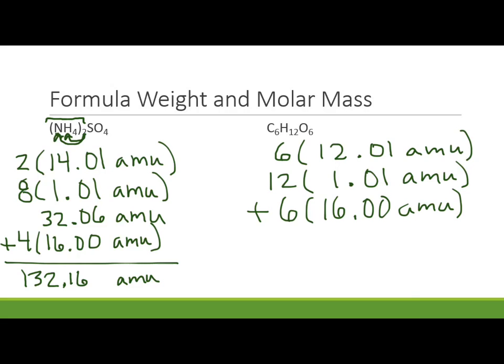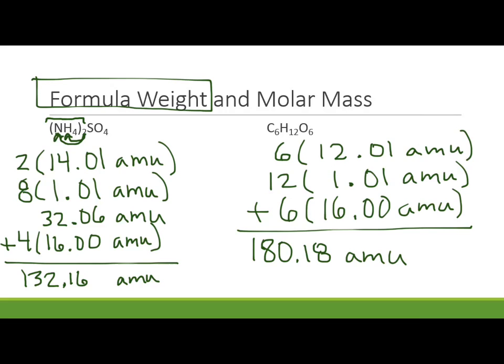Add up this whole thing. 6 times 12.01 plus 12 times 1.01 plus 6 times 16. This comes out to 180.18 AMUs. So that would be what's known as the formula weight of glucose here.